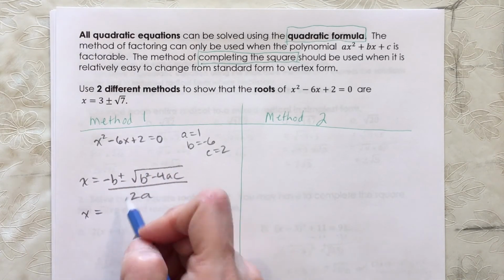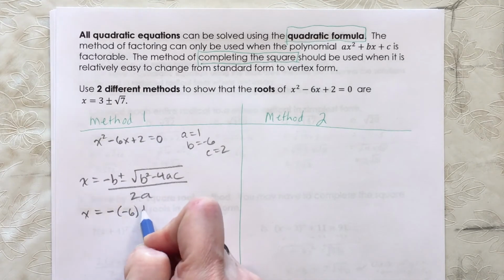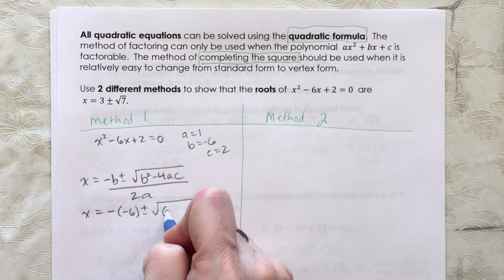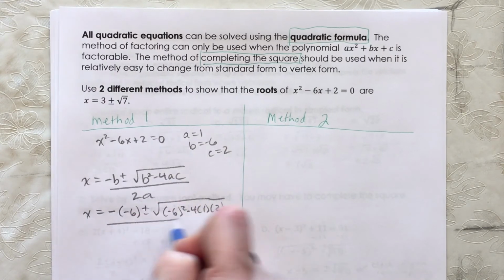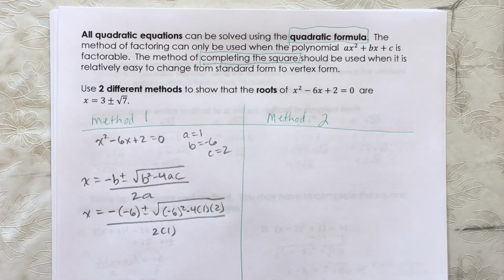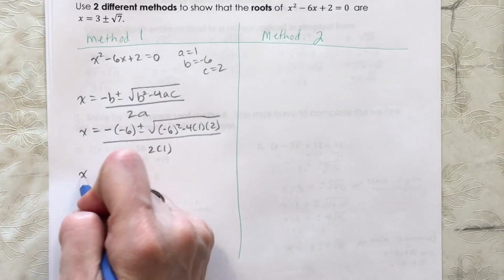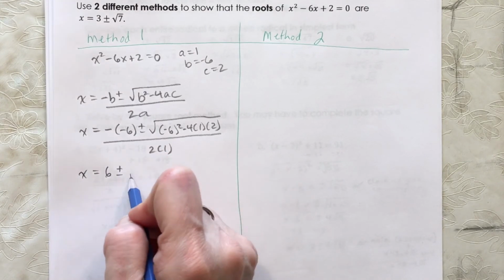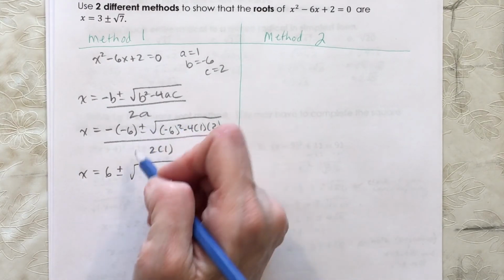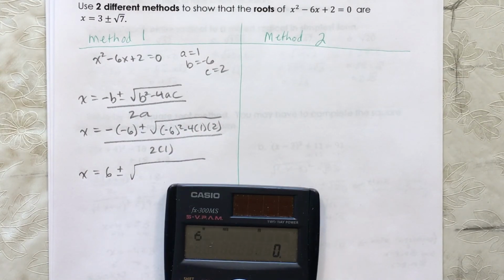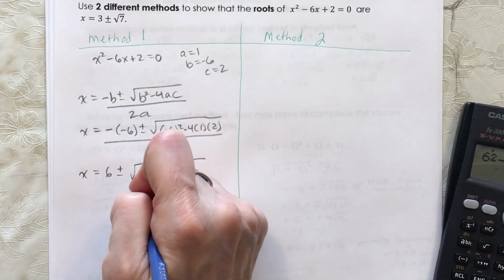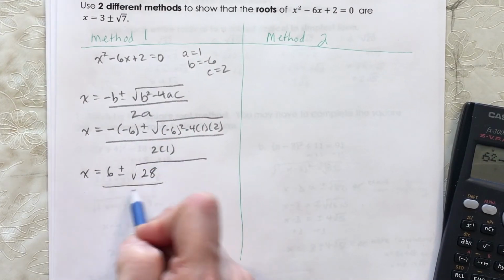And then we're going to use the quadratic formula. Substitute. So -6 plus or minus the square root of -6 squared minus 4 times 1 times 2 all over 2 times 1. And then under the square root sign then, so that's going to be 6 squared minus 4 times 1 times 2, which gives me 28 over 2.